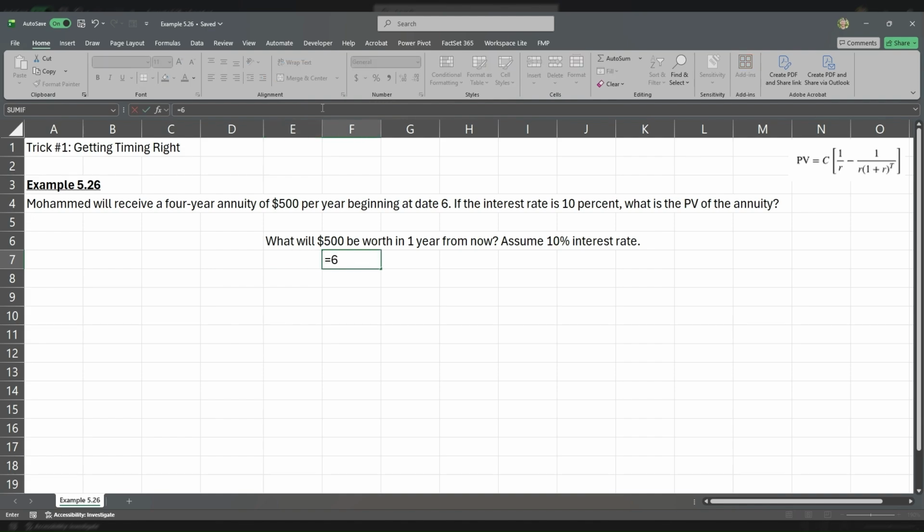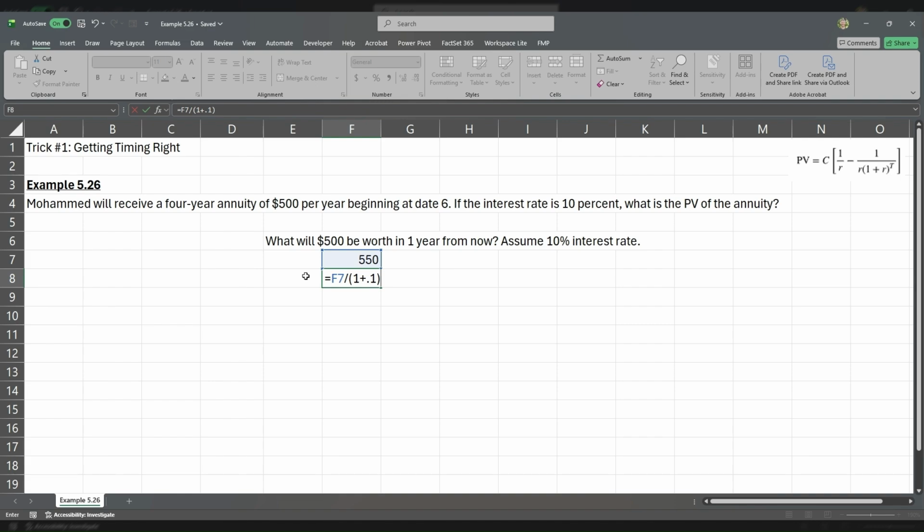If I were to calculate this, I would type 500 times 1 plus the interest rate, which is 10%, so 1.1, and I'd have $550. If I were to discount this $550 back to the present value, I would take my future value, which is 550, and I would divide it by 1 plus the discount rate, which is also 0.1.